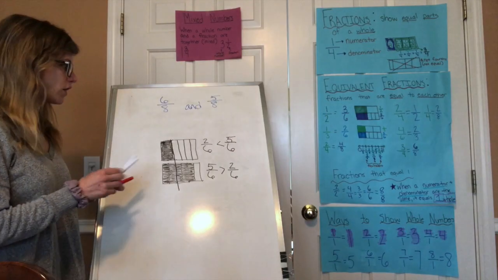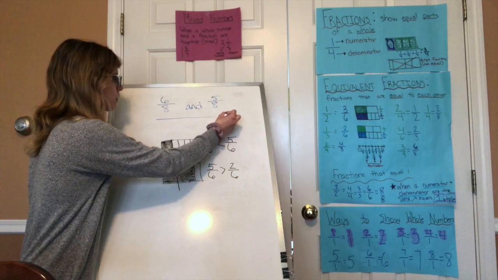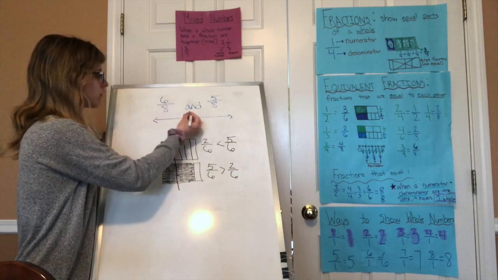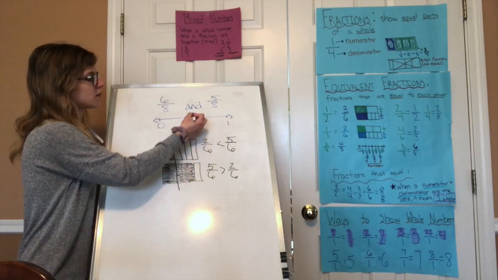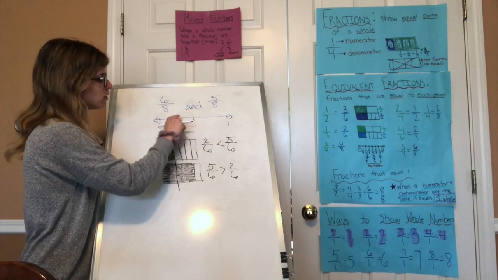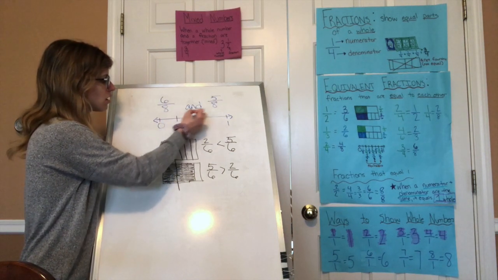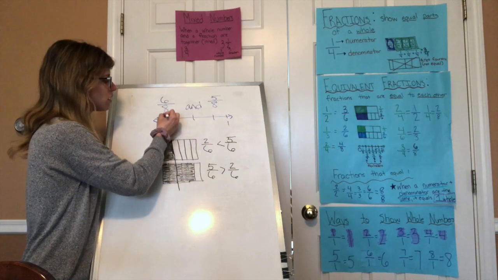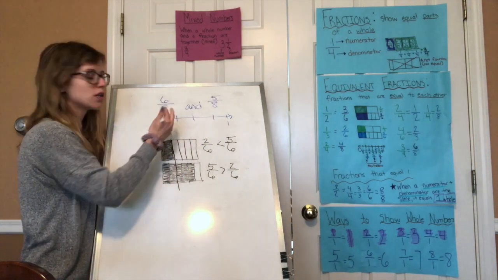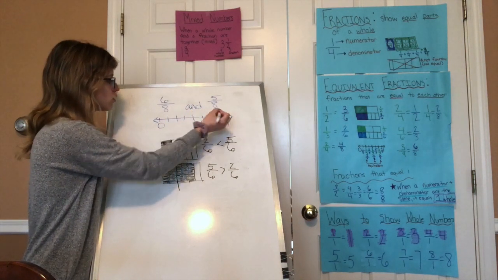So one way you could have figured this out is on a number line. You could have done 8ths by 0 to 1. You could have done 8ths by putting a line in the middle to make it into 2 parts, and then another line to have 1, 2, 3, 4 parts. And then 4 times 2 is 8, so I'm going to separate it into 2 in each.